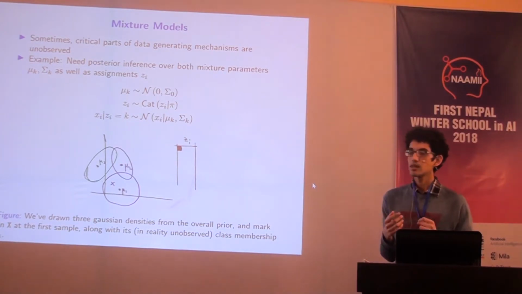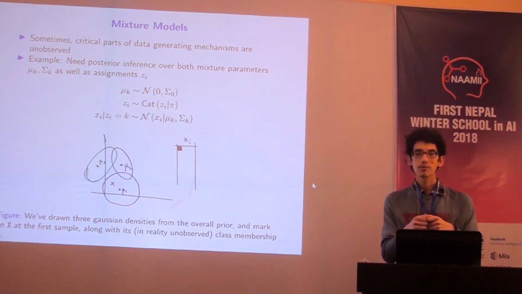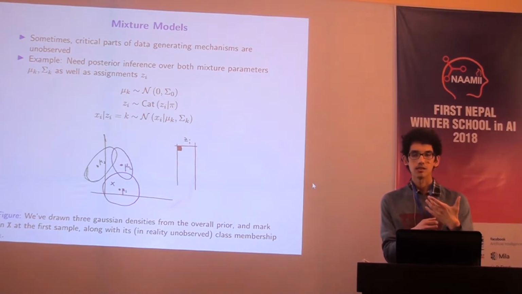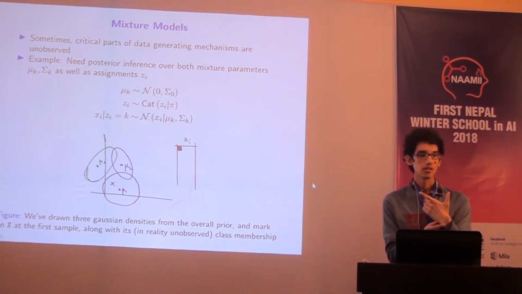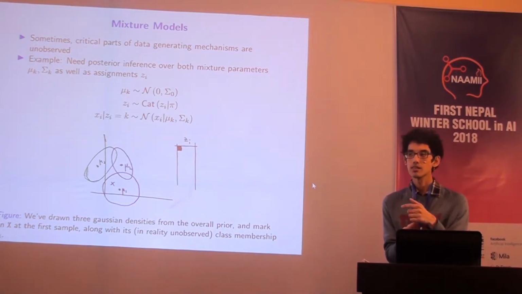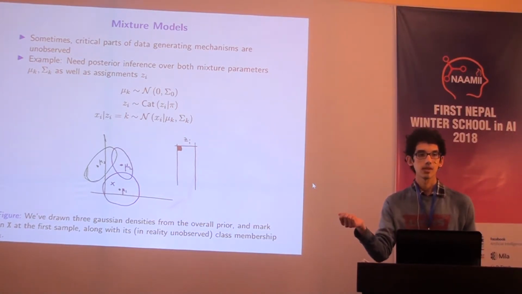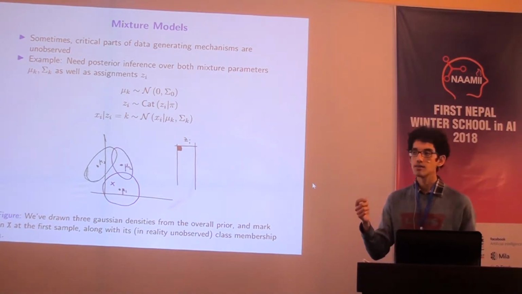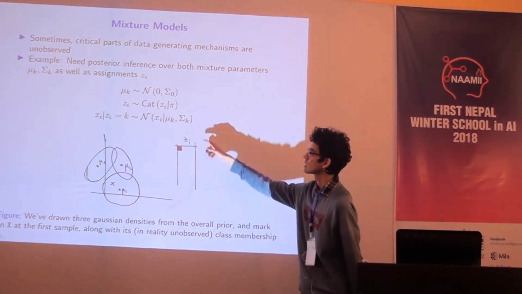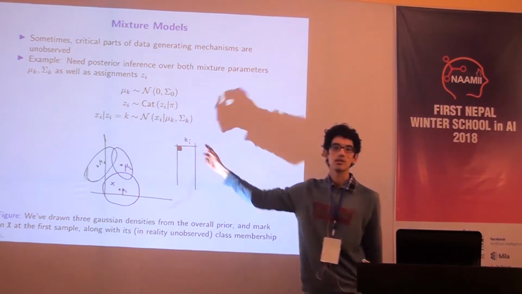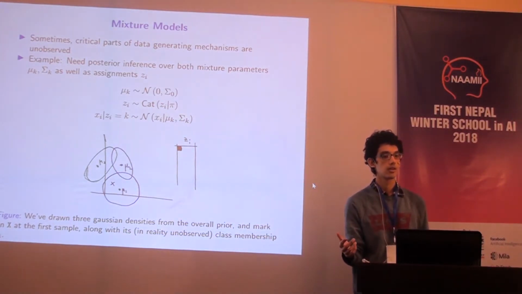Zi, I have a probability vector, of size 3 probabilities, right? And this is just telling you, do I draw from one of the Gaussians or the other in my actual data, right? And then finally, I draw a specific noisy version around the kth mean, right?